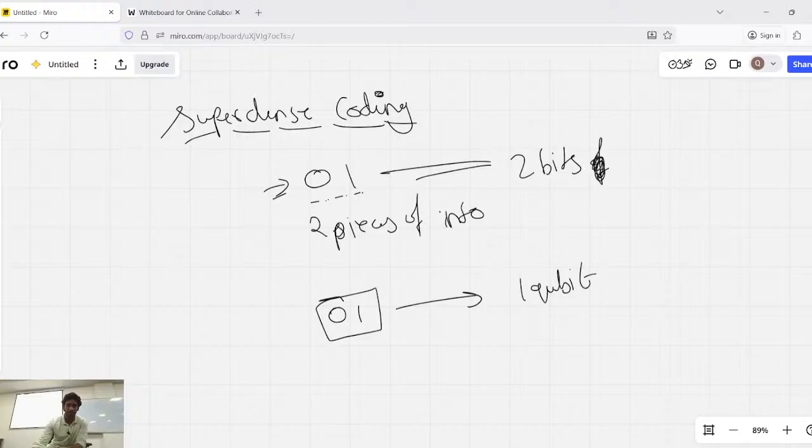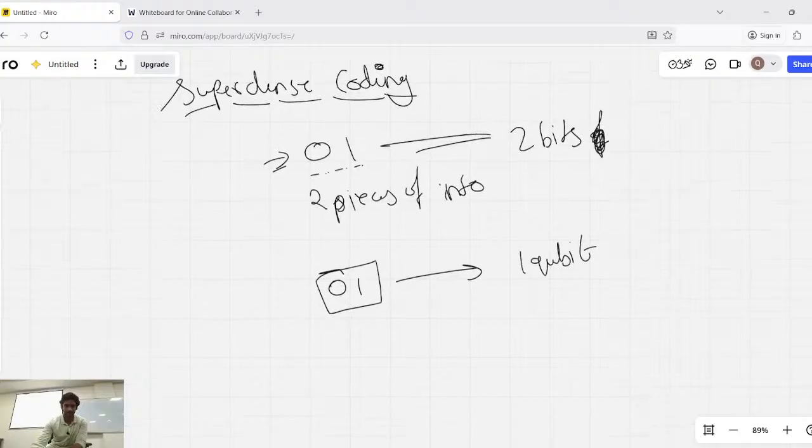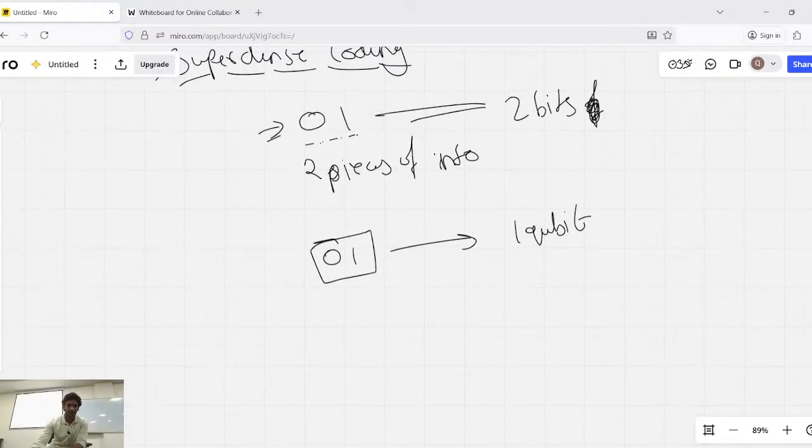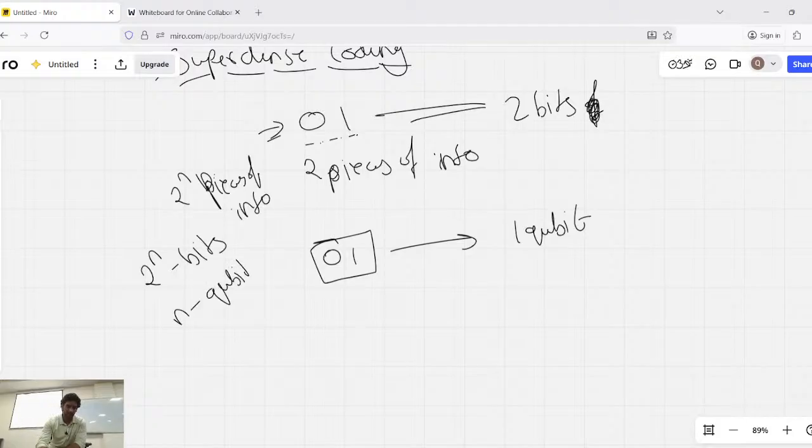Simply put, the phenomenon goes like this: for 2 to the power of n pieces of information, I require 2 to the power of n classical bits but only n qubits.